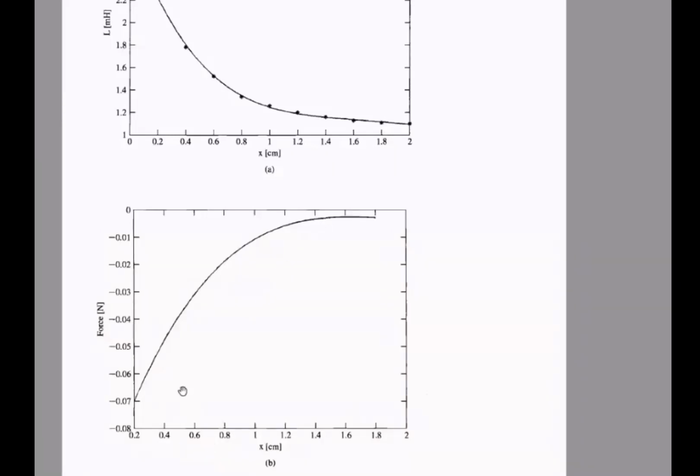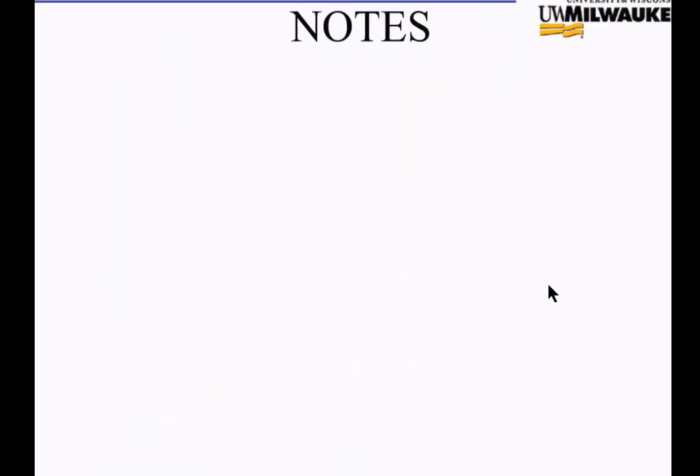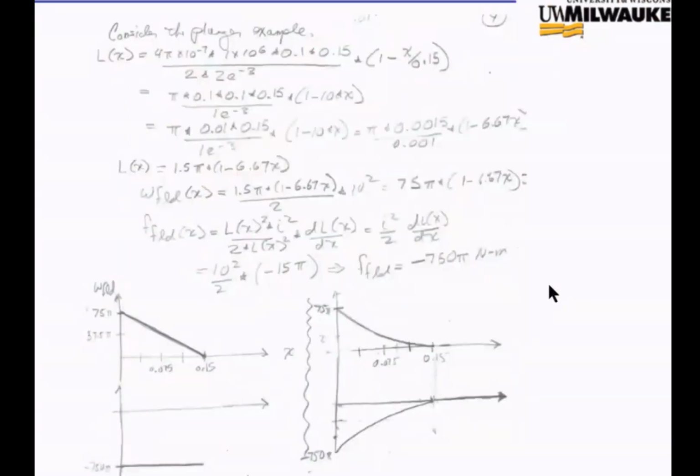As the position moves out towards the position of D, x equal D, you approach zero force. So you've got maximum force when the plunger is lined up at the x equals 0 point, negative 0.07 newtons. And then it keeps going down. I've got that in these notes right here, working that out for you.